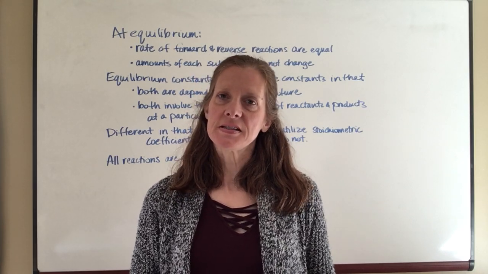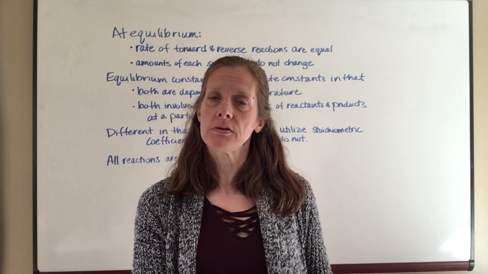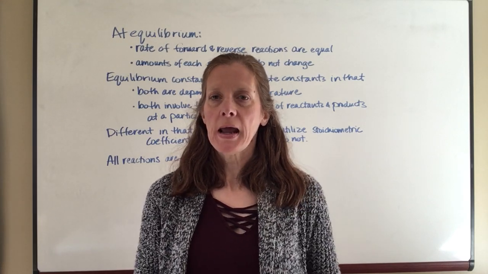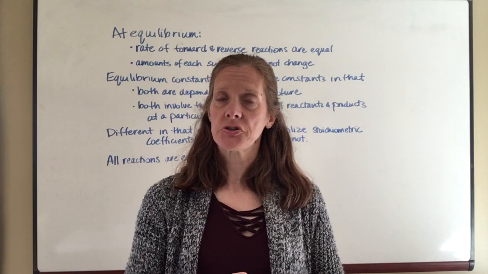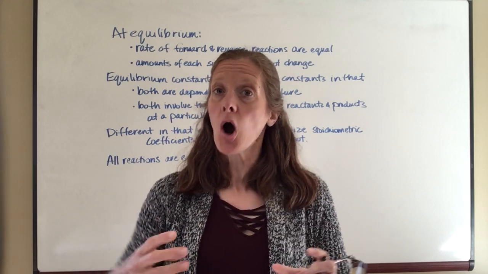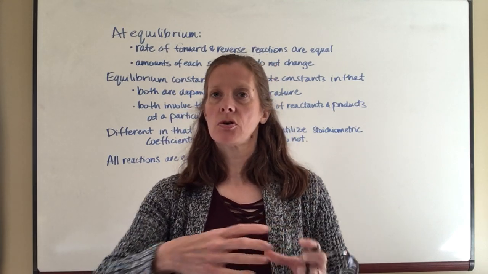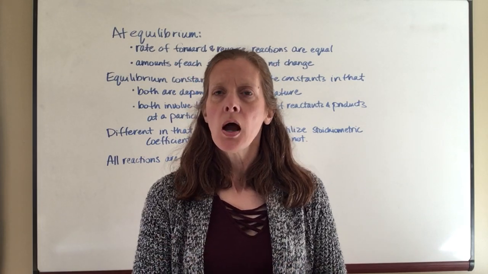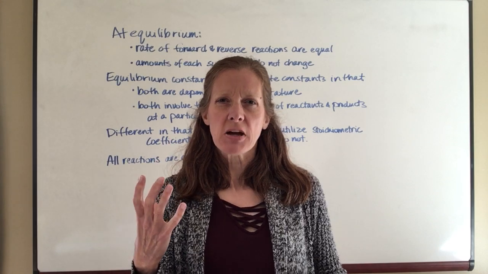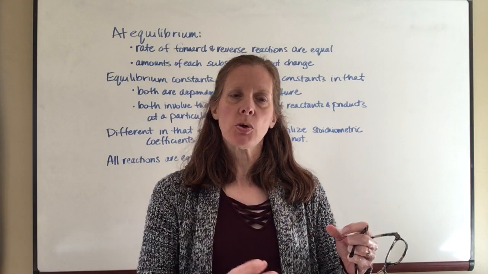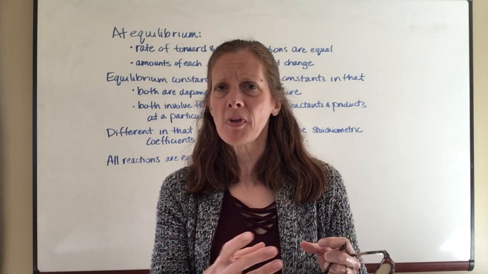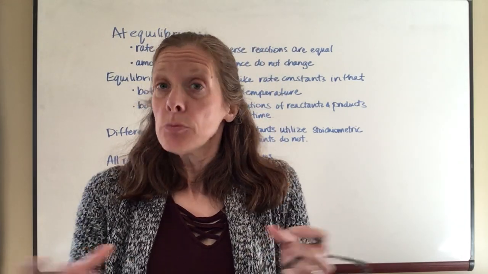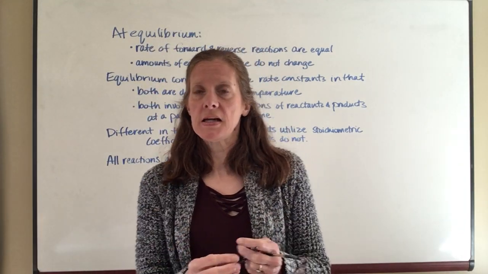What happens is that we talked about the collision theory in the last chapter, and we talked about how molecules have to collide. They have to collide often enough, they have to collide hard enough, they have to collide in the correct orientation in order for products to be made. Well, if you can picture this in your imagination, what happens is that eventually you have enough products that are there, and they're moving around and they start colliding as well.